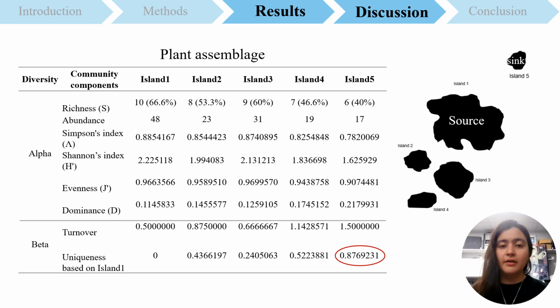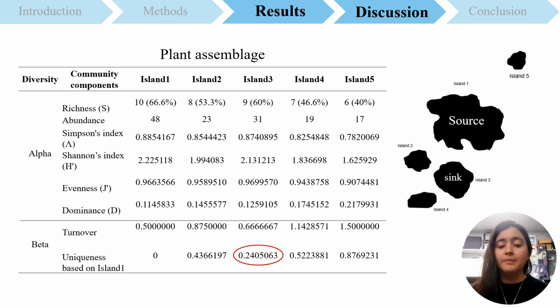Island 5 and 1 share almost 90% of the species, suggesting that island 1 is acting as a source, meaning that island 5 would be a sink, following the premise of island biogeography theory. This is also happening for island 4, island 2, and island 3.